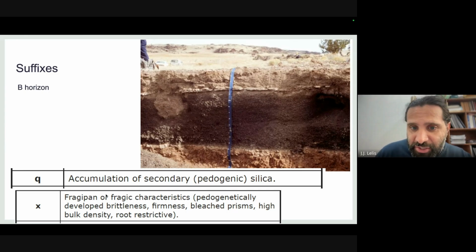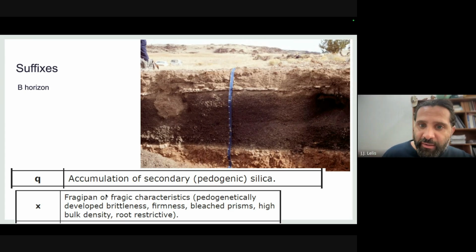If the cementation is weak, if I can easily break it with my knife, or even if I put a piece of this layer in contact with some water, and after some minutes this piece starts to dissolve, this material starts to break to powder. So great, I have the fragipan.